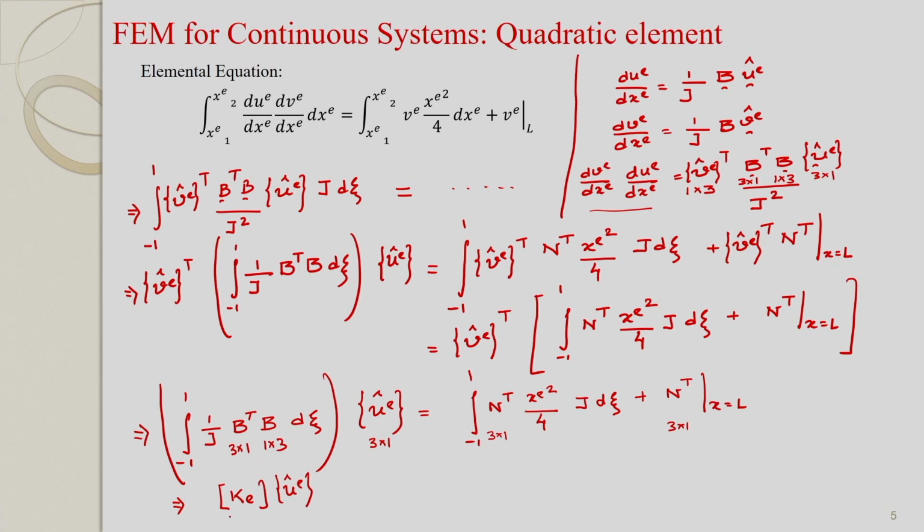Now, this K_e is 3 cross 3, u_e hat is 3 cross 1, and in our load vector both terms are 3 cross 1. The other quantities are scalar. So, this is our elemental equation with the quadratic element.